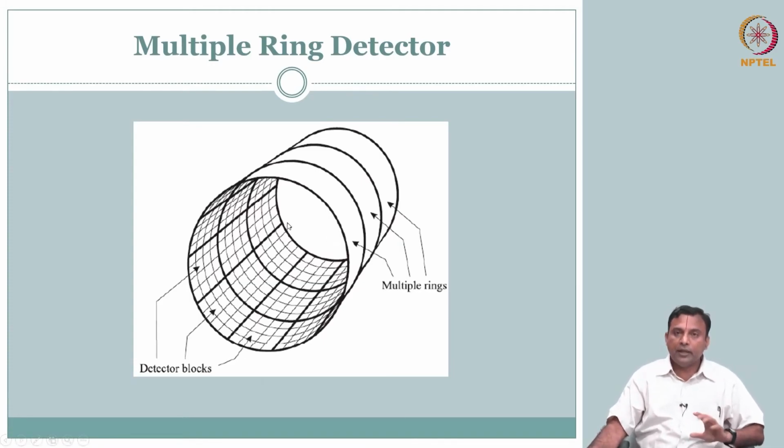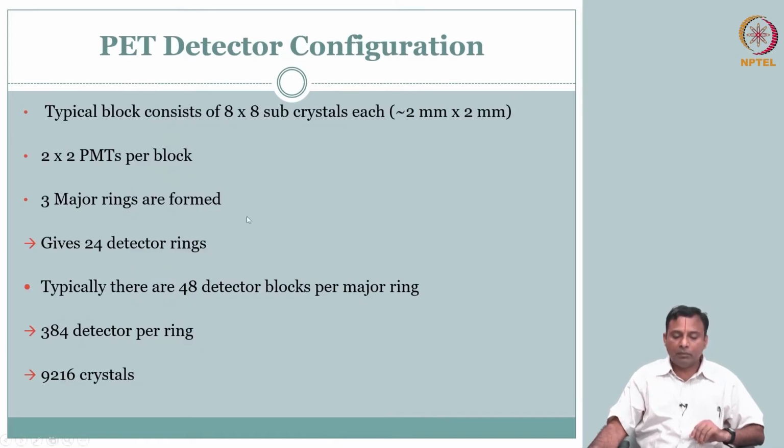So this is a unique configuration compared to the other 2 modes that we have seen in nuclear medicine. Typical numbers: you have 8 subcrystals, each crystal about 2 mm by 2 mm, and each block has 2 by 2 photomultiplier tubes.